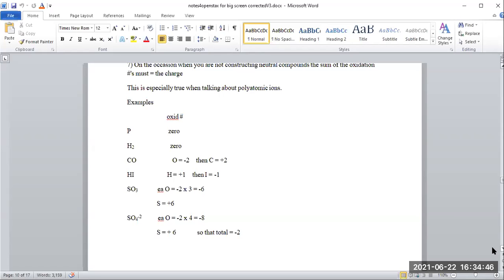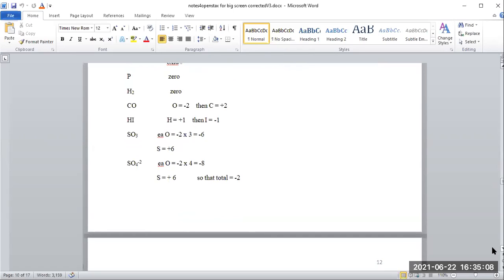We need to make everything match up. You have 3 oxygens. They are each -2. So there are 6 negatives in this molecule. In order to make everything match up, my sulfur needs to be +6. And actually, +6 is a somewhat common oxidation number for sulfur.